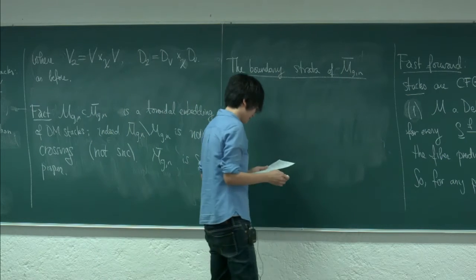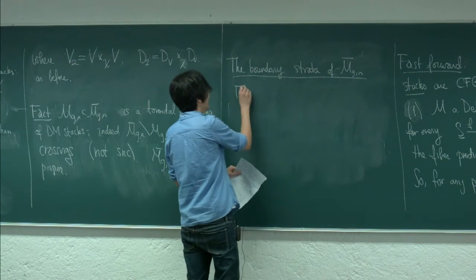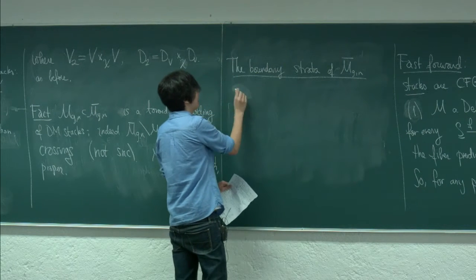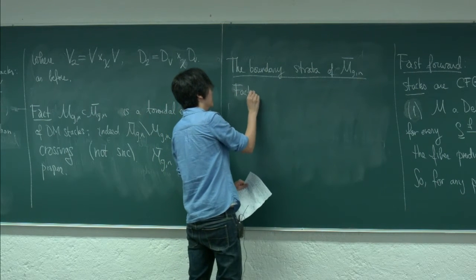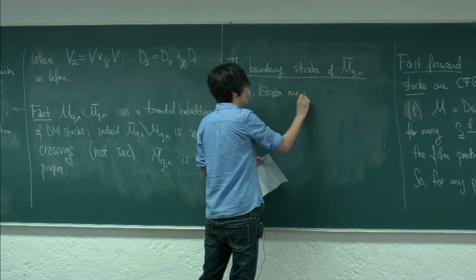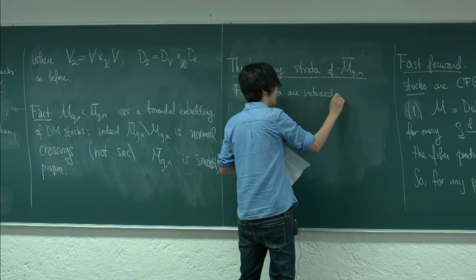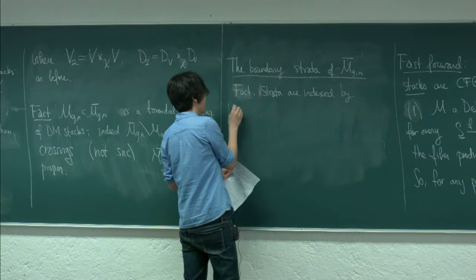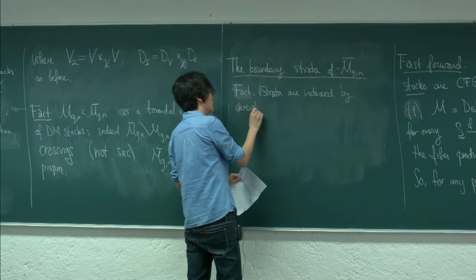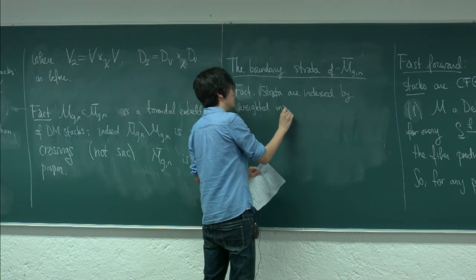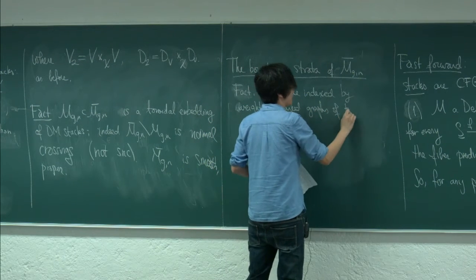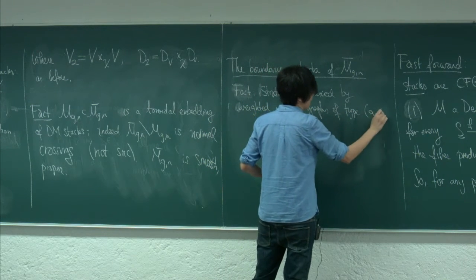Okay, so first of all, let me say the strata are naturally indexed by combinatorial types, or in other words, weighted marked graphs of type (g,n), genus g and n marked points.